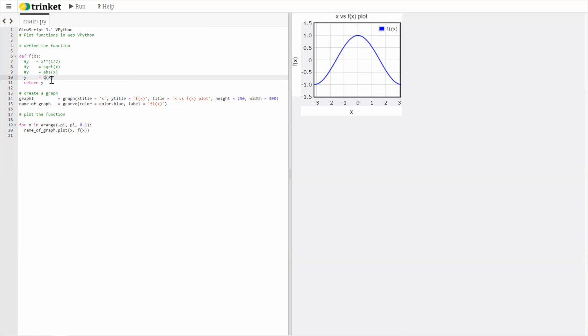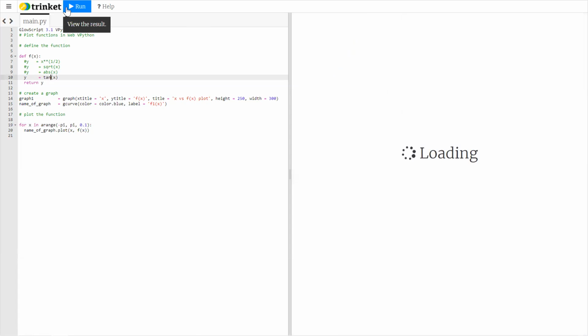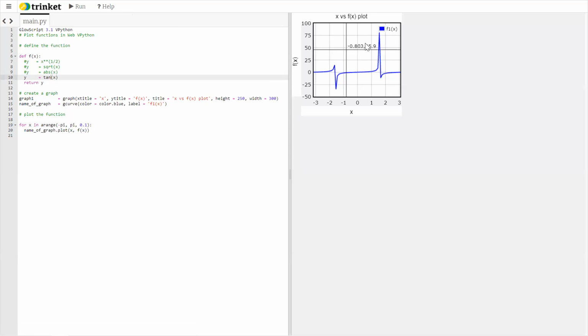You can also have tangent x. Okay, so as you can see, in the interval negative pi over 2 and positive pi over 2, it does not go up to infinity.